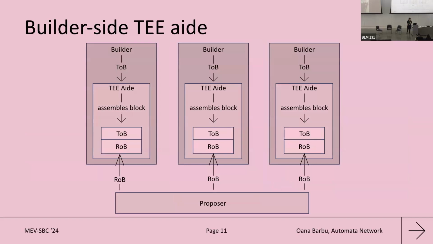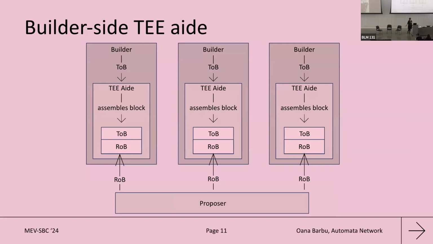Then this is the builder side TEE aid. In this case, each builder will run its own TEE aid, and the proposer will connect directly to this TEE aid and provide its ROB. Then each builder will combine the TOB and the ROB and will bid for the block.